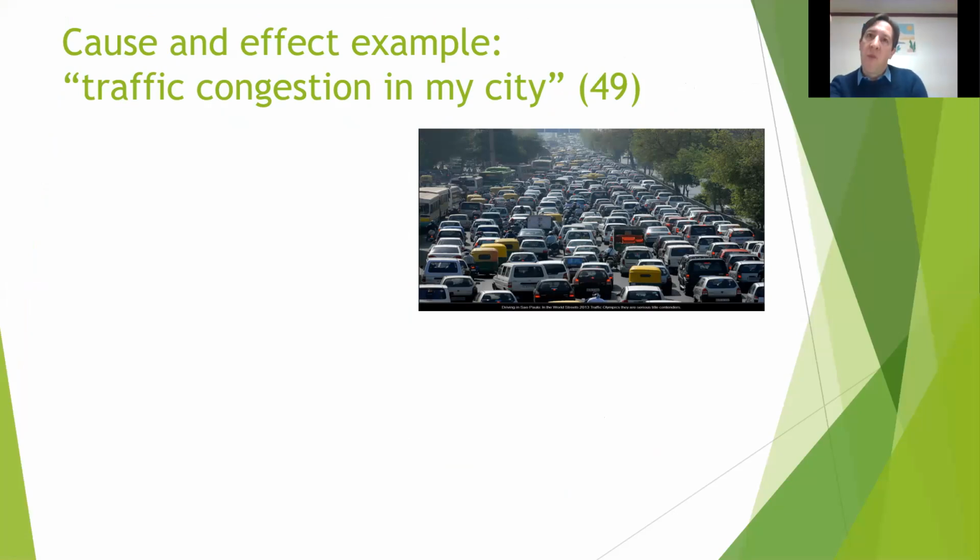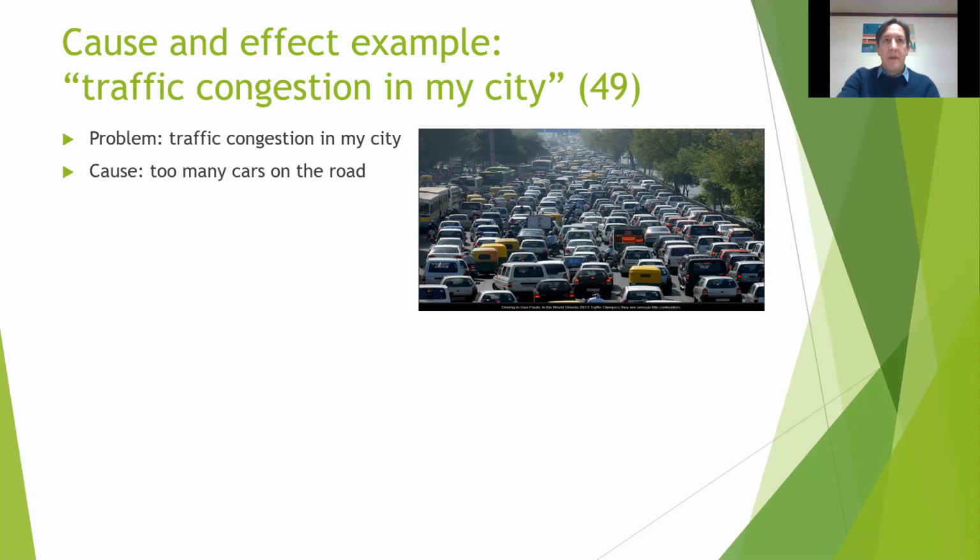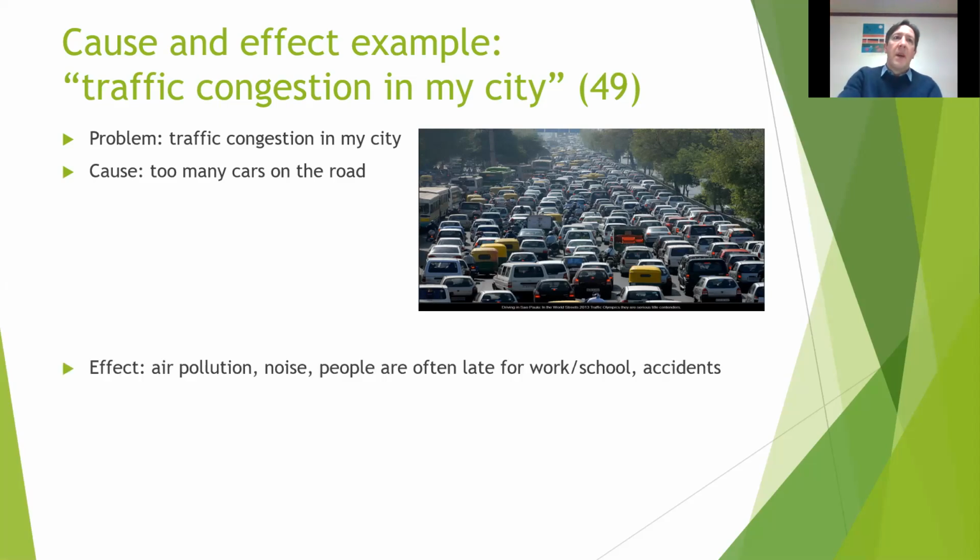Now, what causes the problem and what are the effects of the problem? So one cause is too many cars on the road, as you can see in the picture. And there are several effects, such as air pollution, noise, people are often late for work or school, accidents.